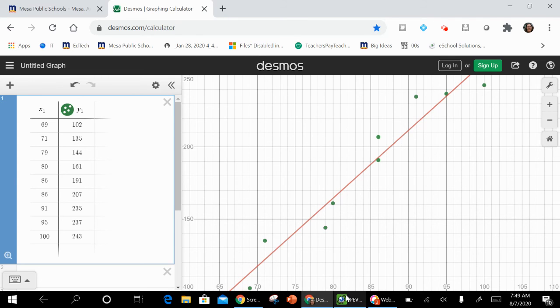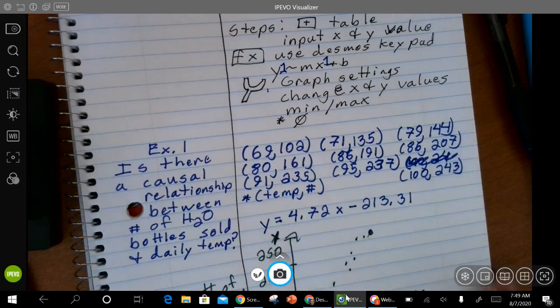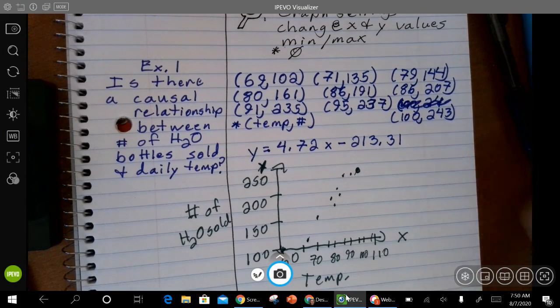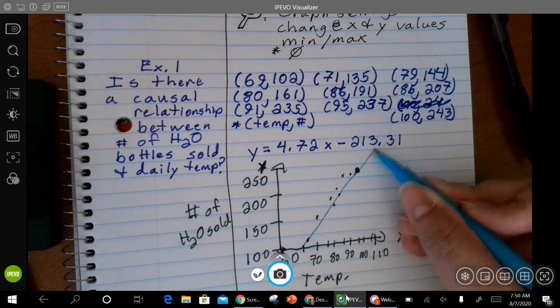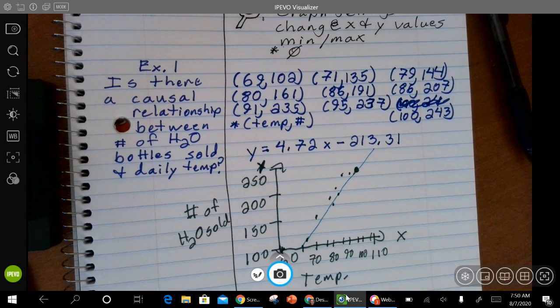And then we have our line of best fit on there, everybody. Okay, so see here, and then we just have our line going up like that. Okay, so the line of best fit is just as close as it can get.